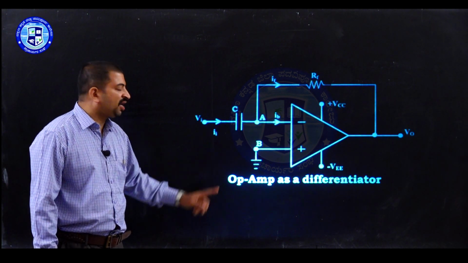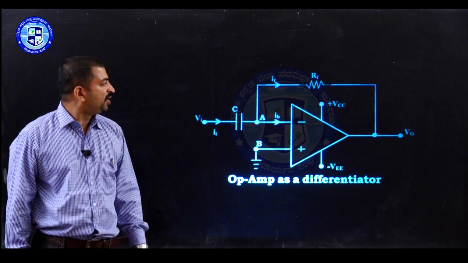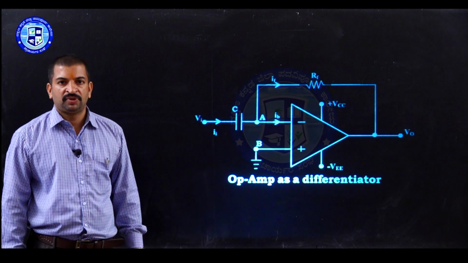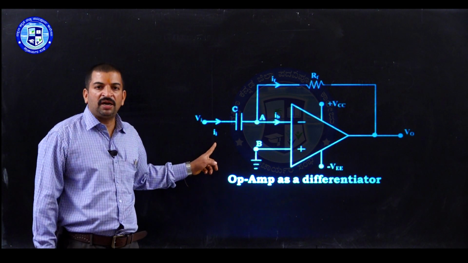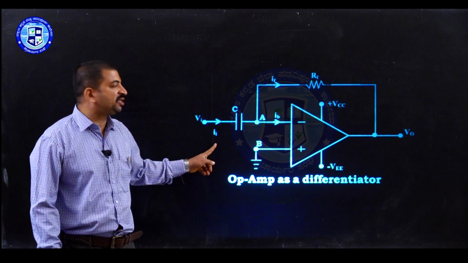Now, let us consider II is the current flowing through the capacitor and IF is the current flowing through the feedback resistor. II can also be written as IC, which is the current flowing through the capacitor.